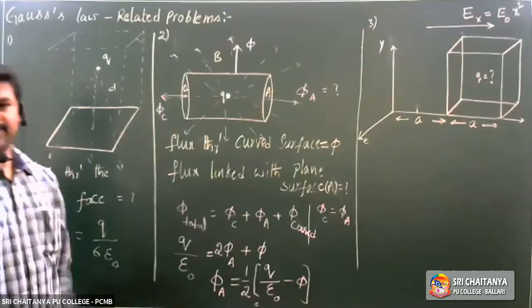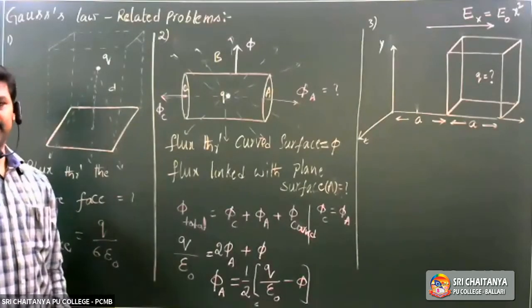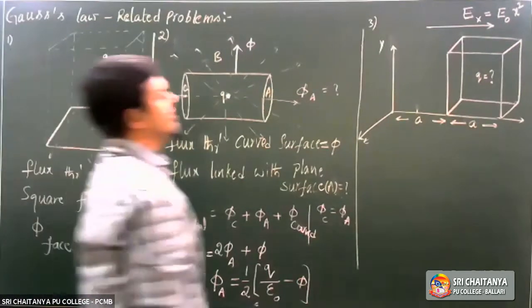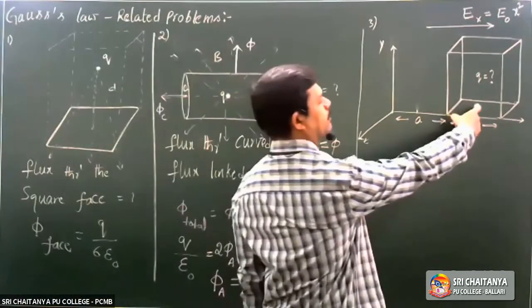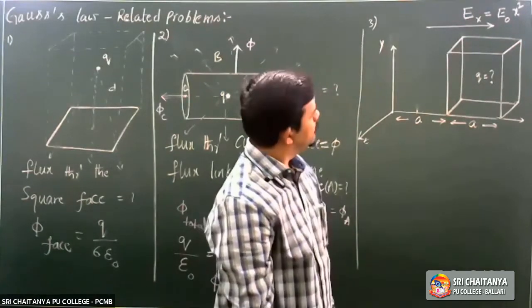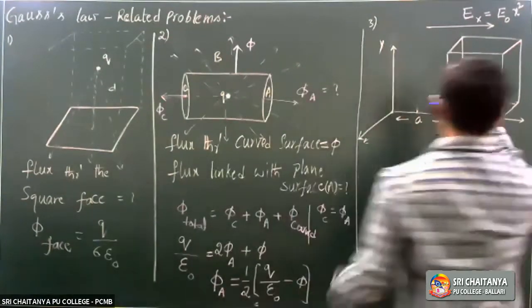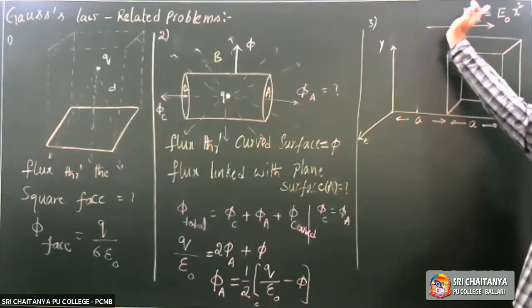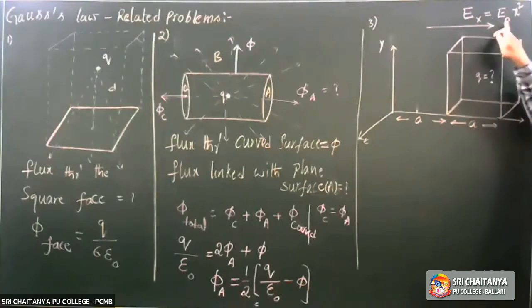And see there, the third problem. Here there is a cube. This cube is placed in an electric field. That electric field is Ex equal to E naught x square.